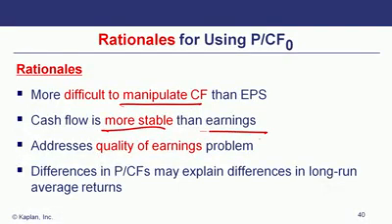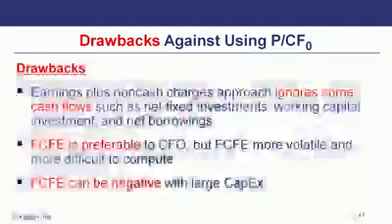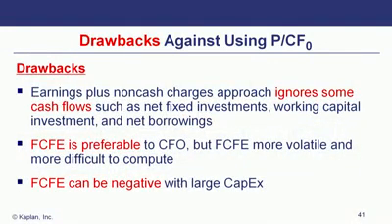It also addresses the quality of earnings issue, whether you have high accrual-based earnings, and any of the issues associated with the accounting, meaning any differentials in aggressive accounting treatments or aggressive estimates. And differences in price to cash flow may also explain differences in long-run average returns as well.